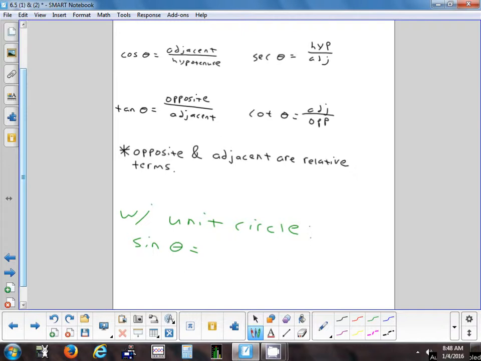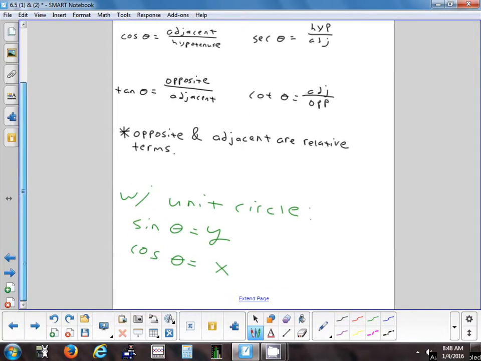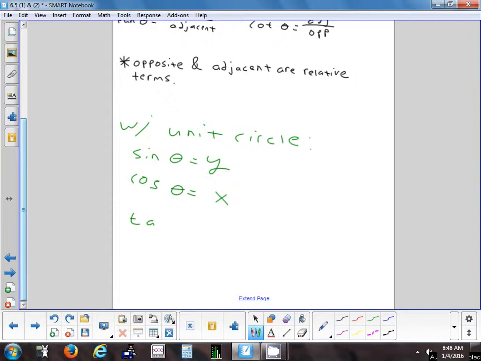Y. Yep, sine is y. And cosine was x. And how did we get tangent? Y over x. You just take the 2 that are right there and divide them. Y over x.